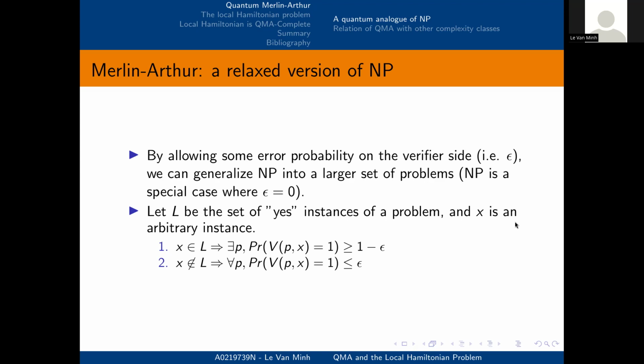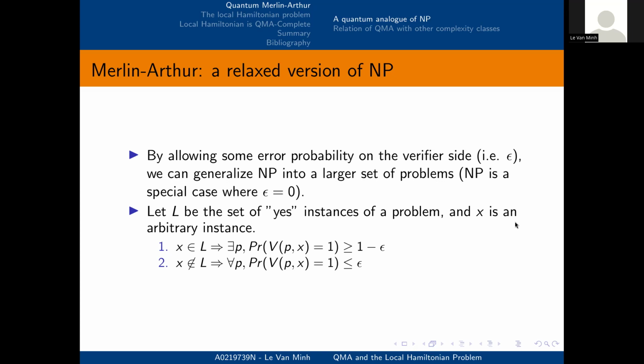Let L be the set of the yes instances of a problem, and X be an arbitrary instance. If X belongs to L, X is a yes instance, then there exists a proof such that the probability that the verifier accepts that proof is large.